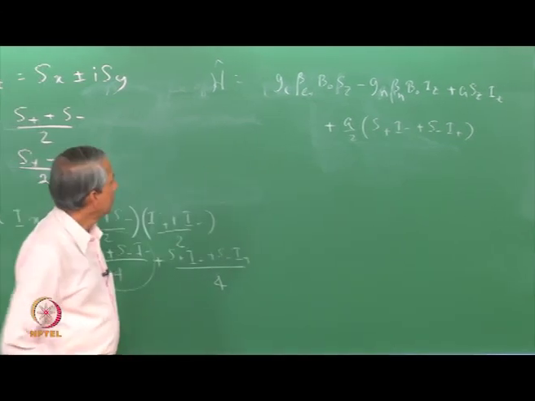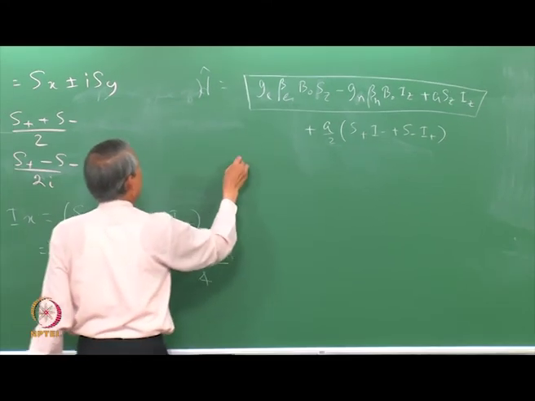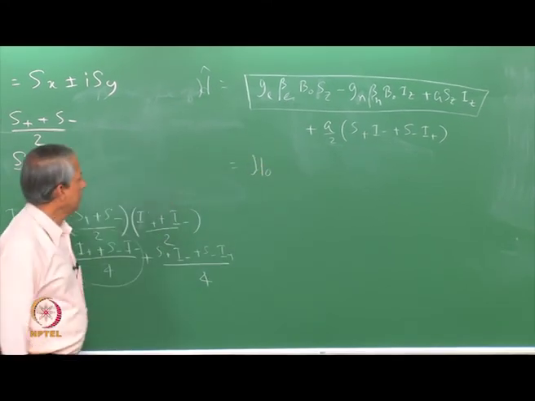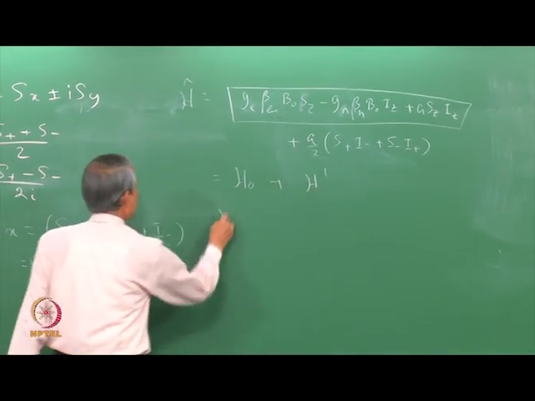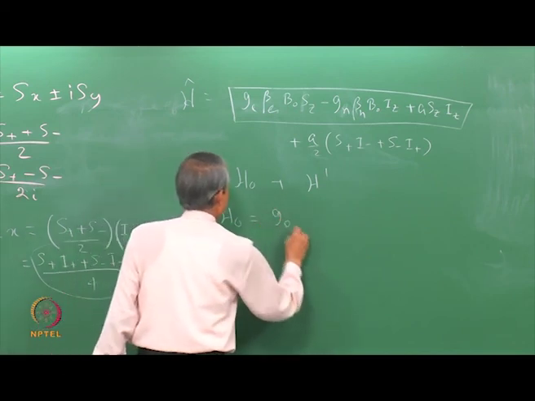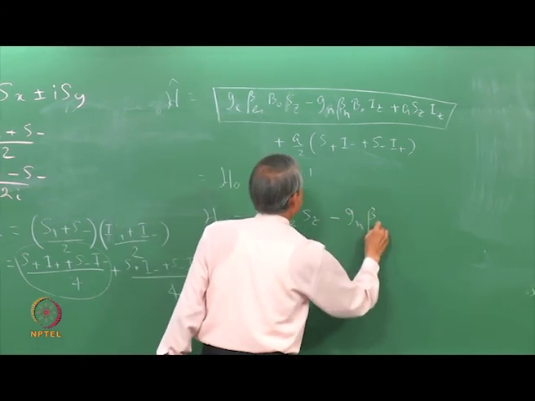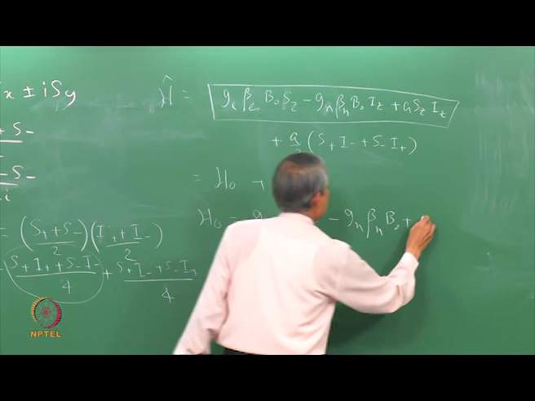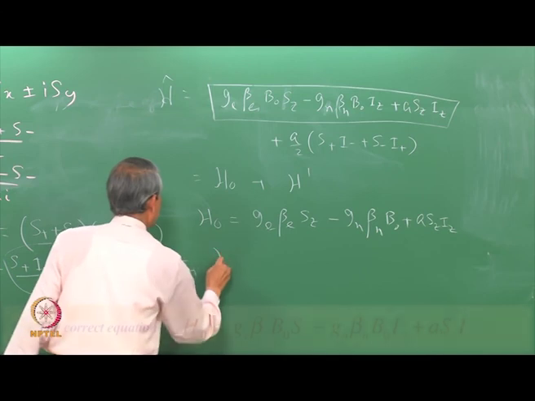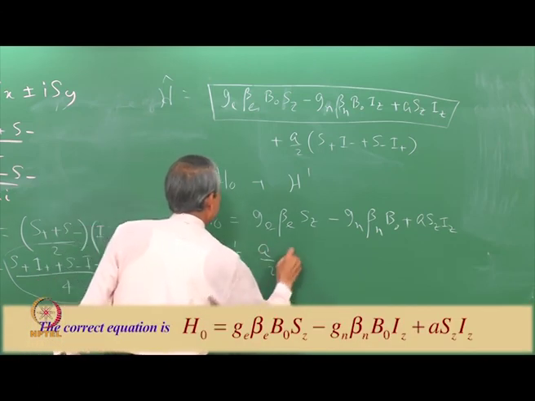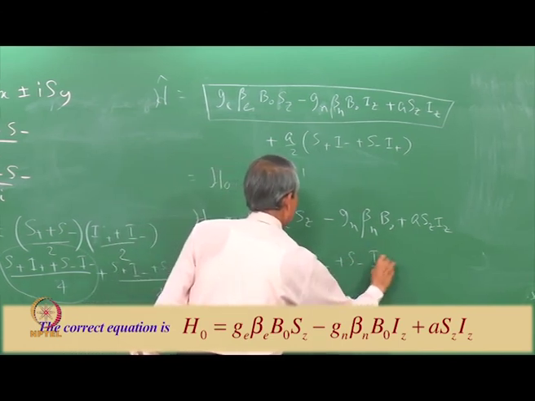So, what we do now is treat this as the unperturbed Hamiltonian, or main Hamiltonian, plus this as the perturbation. So, our H0 is equal to the electron Zeeman term plus the nuclear Zeeman term plus A Sz Iz, which is the main Hamiltonian, and the perturbation Hamiltonian is A by 2 times S plus I minus plus S minus I plus.